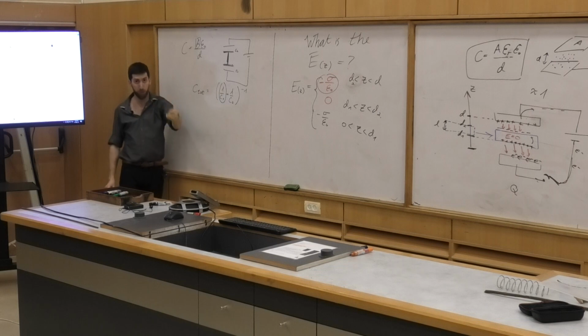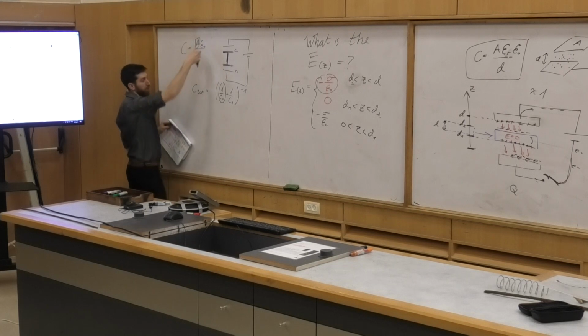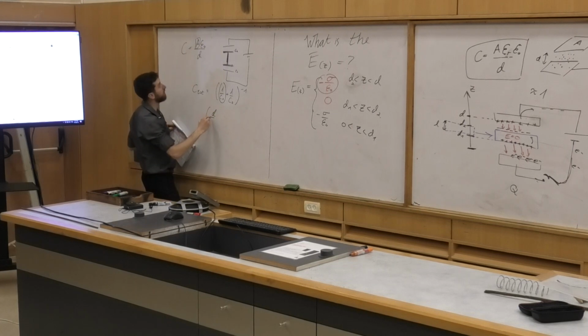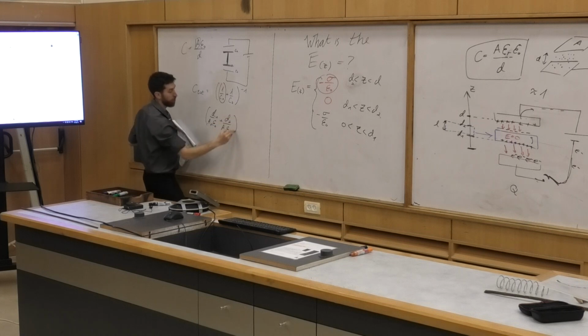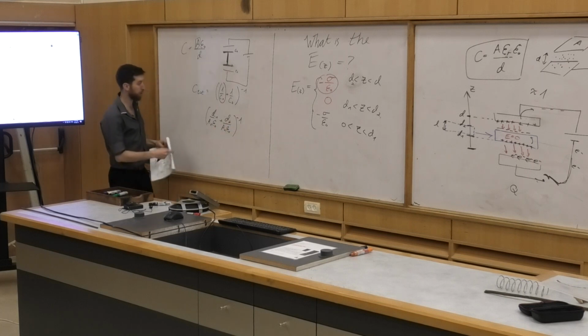I'm going to send you another question which deals with oil. So I need the flip, so this is D1 over A1 epsilon naught plus D2 over A2 epsilon naught, all to the power of minus 1.